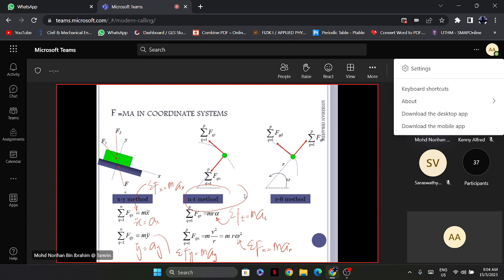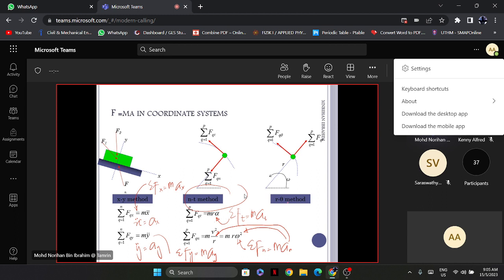Dan a normal tu dia sama juga dengan r omega square, ataupun a normal is equivalent to v square divided by r, ataupun v square divided by rho. So we can apply both of these, whichever is more relevant based on the problem which is given.